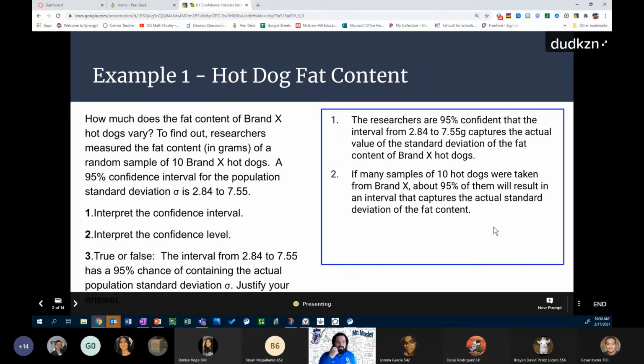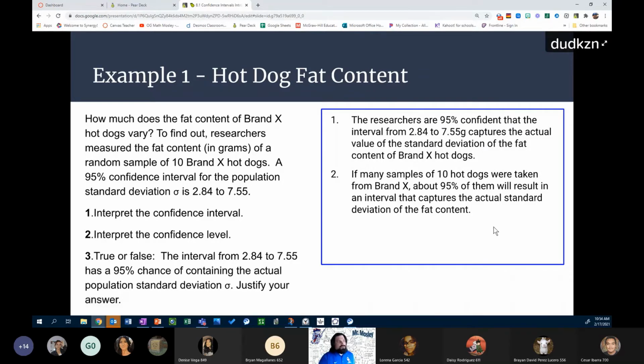So in interpreting a confidence level, it's important to say that if I were to do this sampling process many times, about 95% of these samplings would result in an interval that captures the actual parameter that I'm interested in.